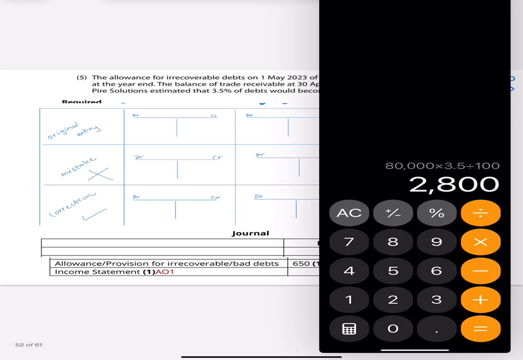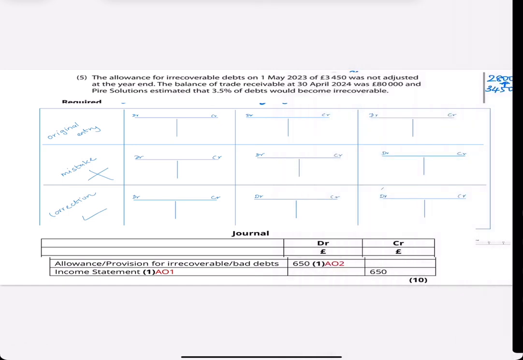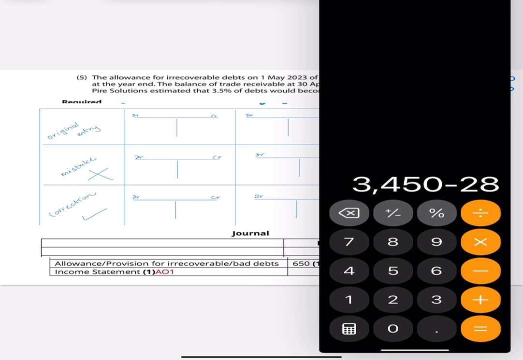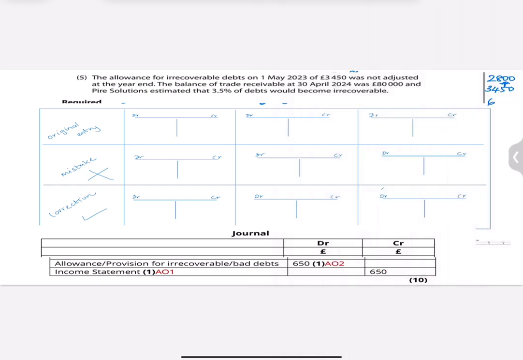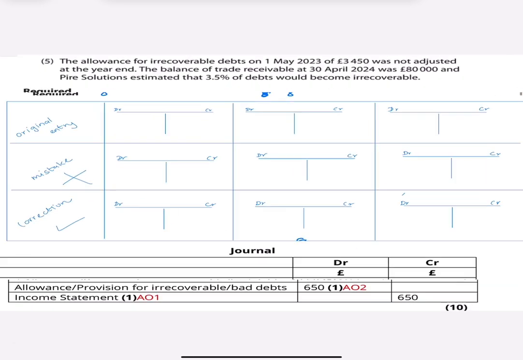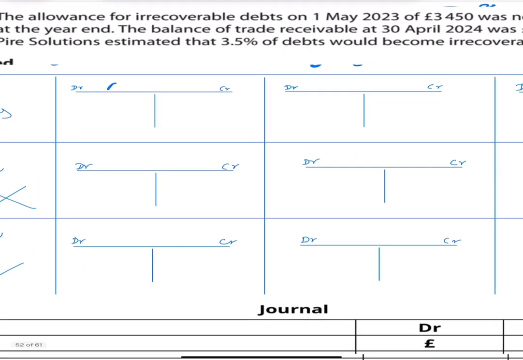So 3,450 take away current year 2,800, that's reduced to 650. The correct entry should be provision for irrecoverable debt or allowance for irrecoverable debt should be debited by 650. Income statement should be credited by 650.